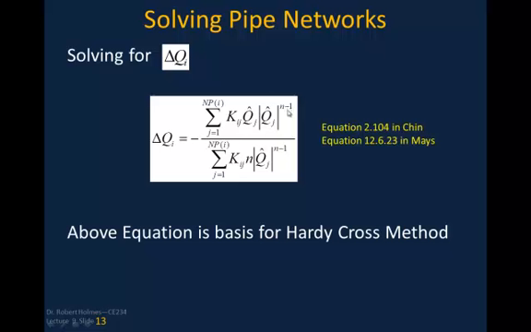And again, if this is Darcy-Weisbach, which we're going to use, n minus 1 is 2 minus 1, or just to the first power. Same thing down here: I'm going to sum those around times n, which is 2 in this case, because that's our value for the Darcy-Weisbach equation. So this is going to be the basis for the Hardy Cross method.